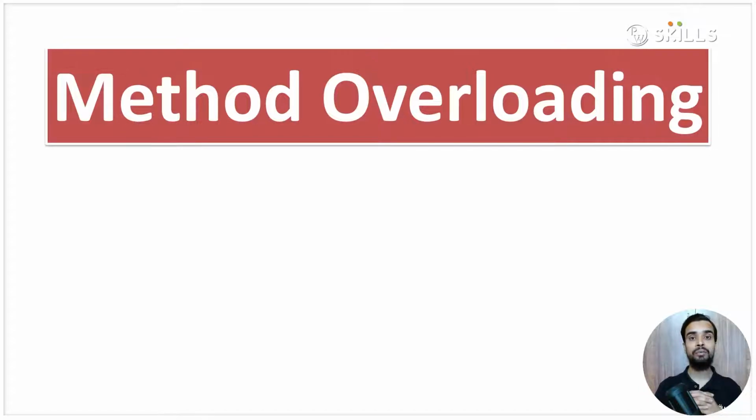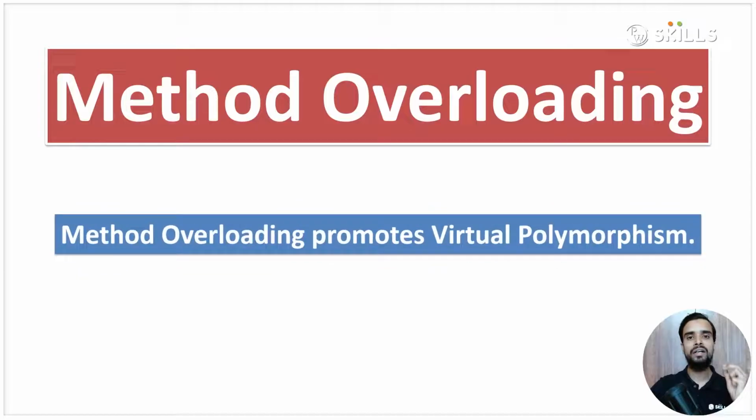Now, to start with, even before I get into the programming aspect of how to implement method overloading, there is an upfront statement that I would like to make with respect to this concept. And what is it, sir? This is the statement: method overloading promotes virtual polymorphism.